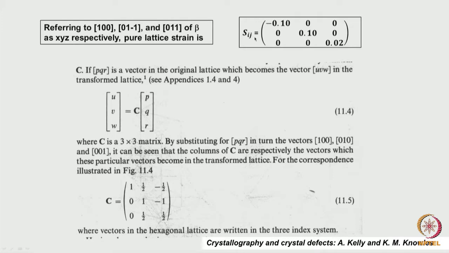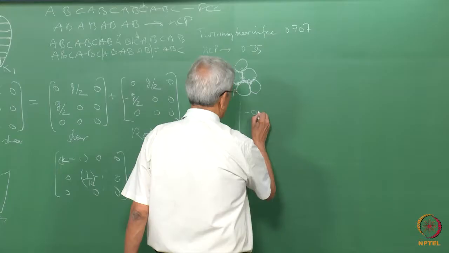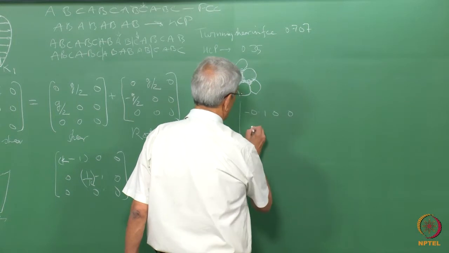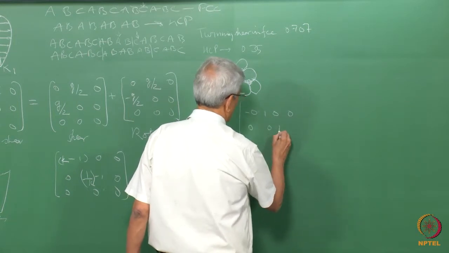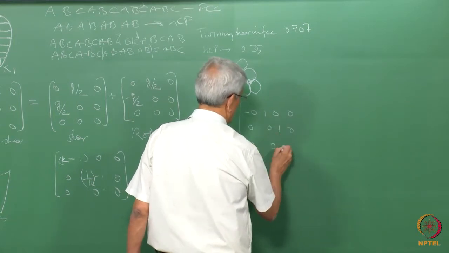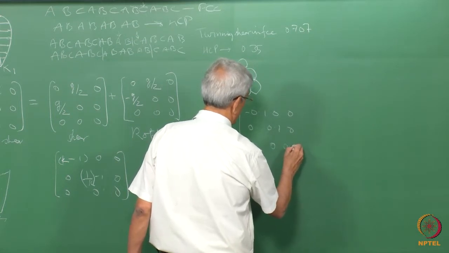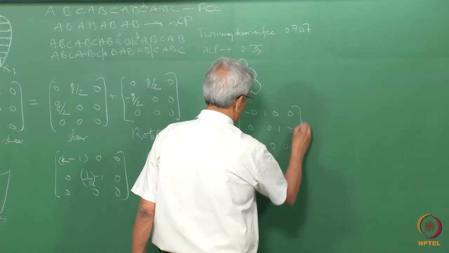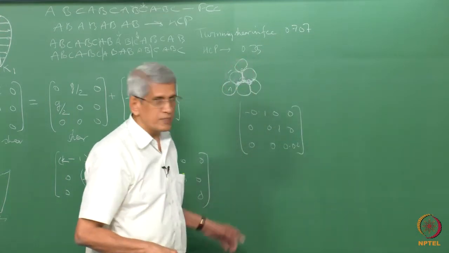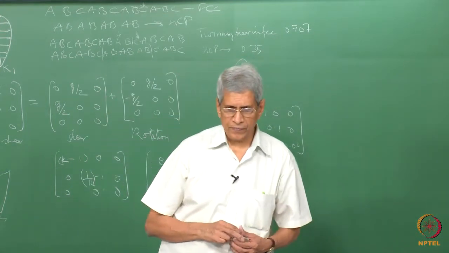What is the strain matrix here? The strain matrix in terms of the BCC turns out to be 0.1, 0, 0, 0, 0, 2. This is exactly what it is.